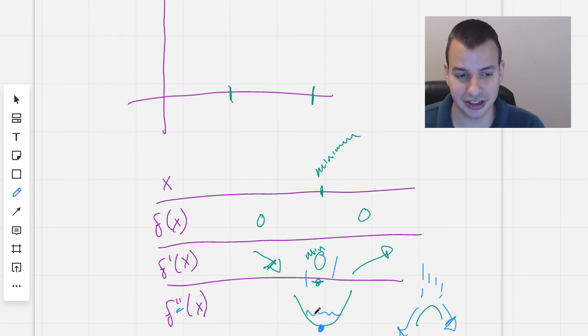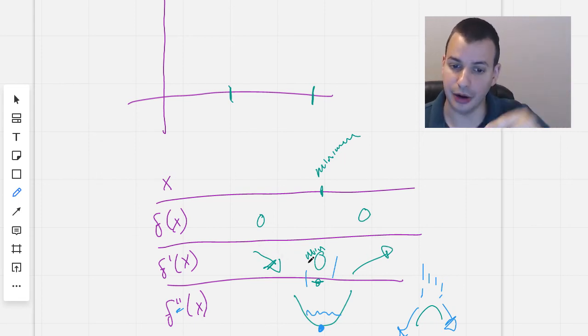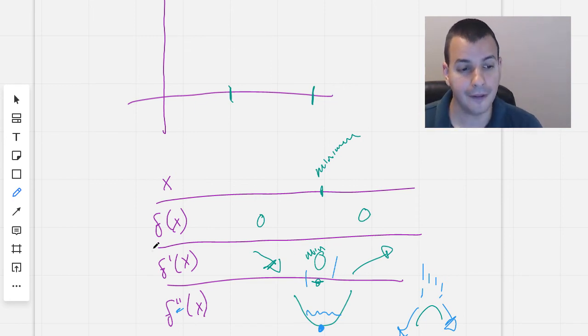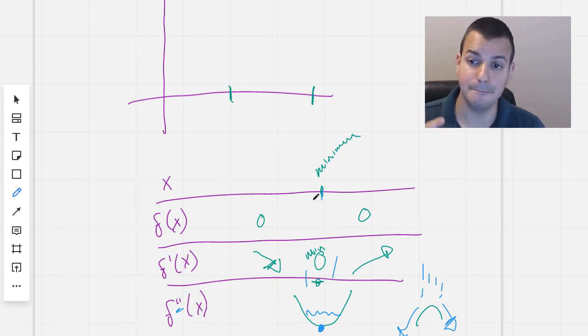Or if you didn't have access to the second derivative, or you just didn't want to go that far, you just want to use the first derivative, you have arrows going down, arrows going up, which represents slope going down, slope going up. Based on the first derivative test, this point right here is a minimum.